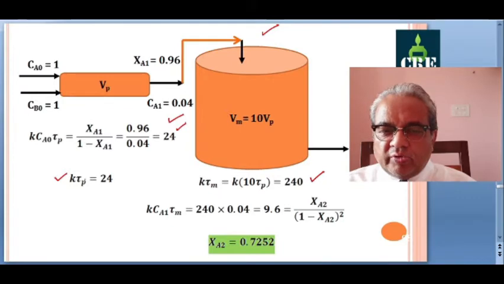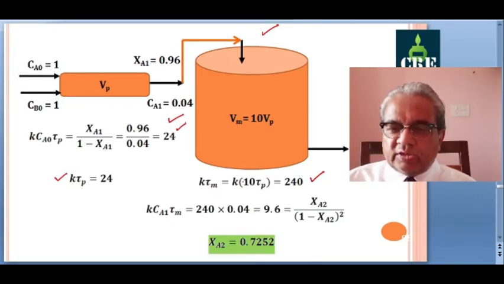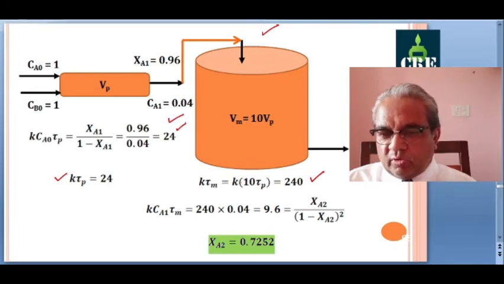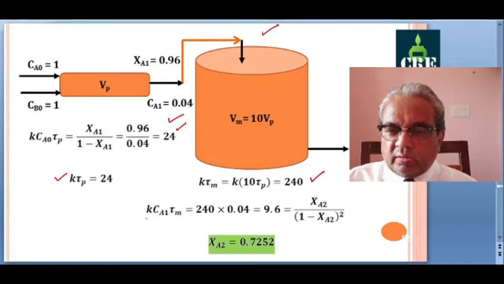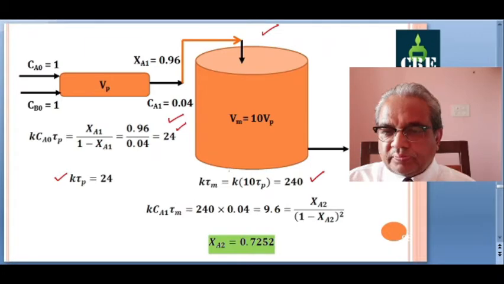In fact, we use this in the second order equation as the dimensionless variable K Ca0 tau, so it is better to write K Ca0 tau. But I am writing here K tau only, which is 24, and this should be 240. K tau M is 240.